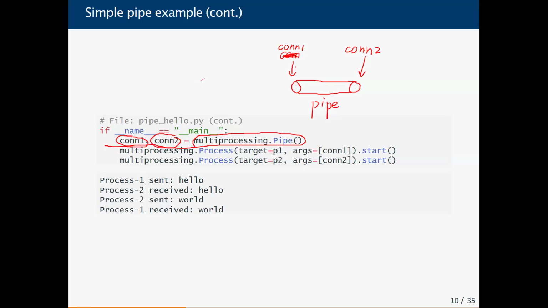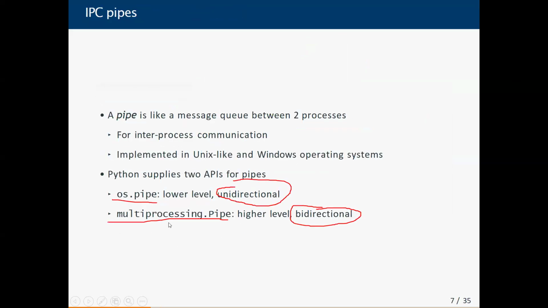These are the two ends. Because this is bidirectional, the message can be sent either from connection 1 to connection 2 or from connection 2 to connection 1. This is called bidirectional. Because we're using multiprocessing.Pipe, as we said, it's bidirectional.